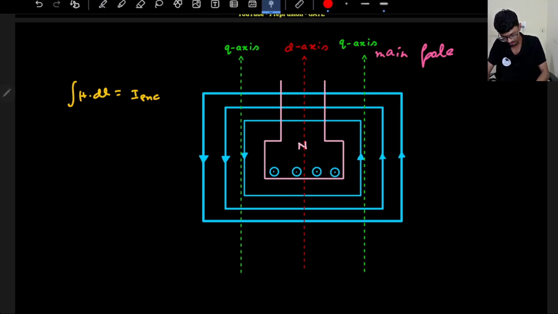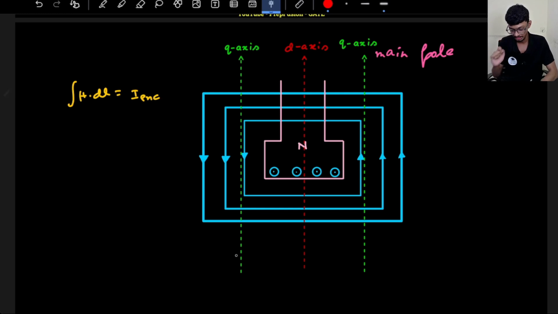If I take this portion into isolation, only one negative current is there. I have to assume a direction, so I am assuming dot to be positive.